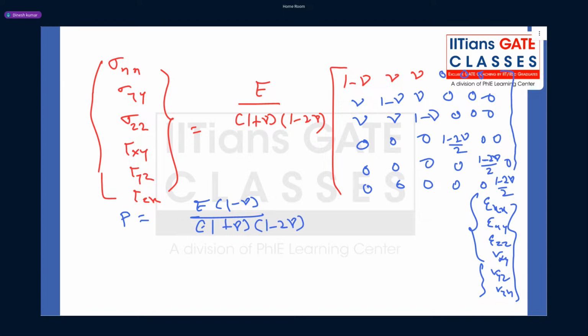Am I correct? Yes or no? What will be Q? Q will be E into nu upon 1 plus nu into 1 minus 2 nu. Am I correct? Yes or no?